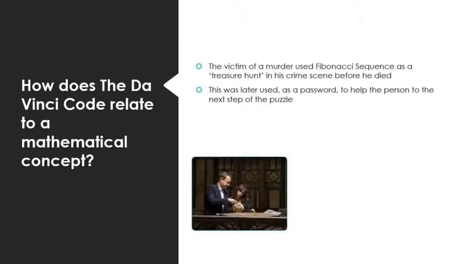In the Da Vinci Code, it was a little bit less math. However, we did see a little bit of math in there that definitely set the movie in motion. The victim of the murder used the Fibonacci sequence as a treasure hunt in his crime scene before he died. This was later used as a password to help the person to the next step of the puzzle.